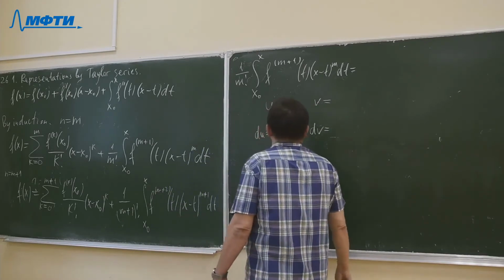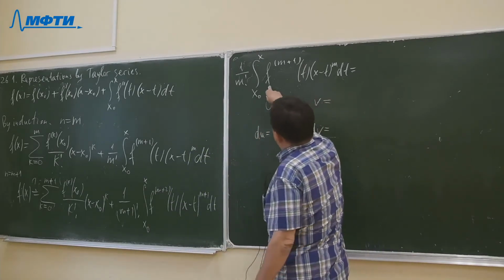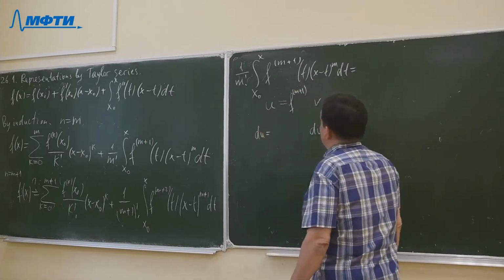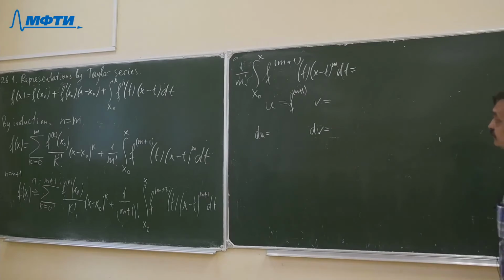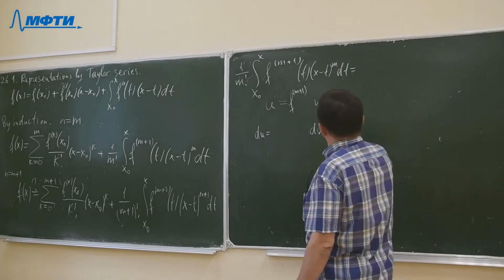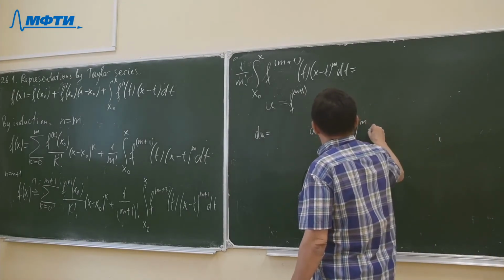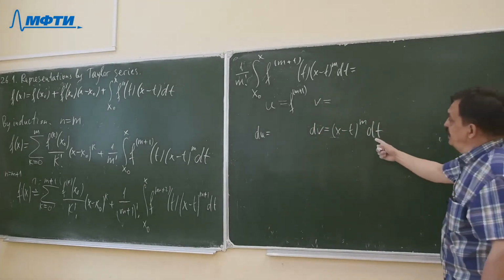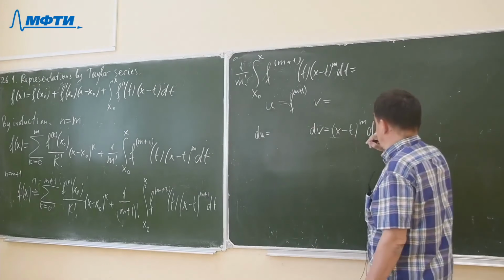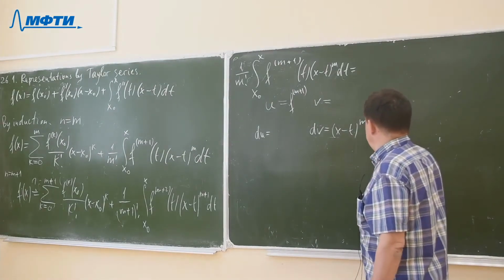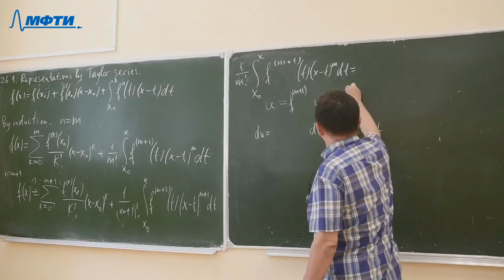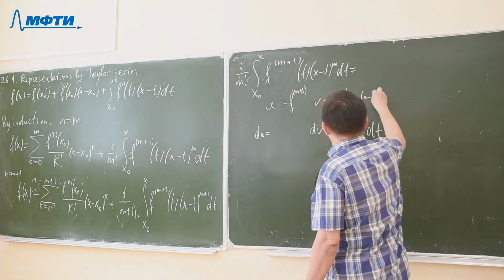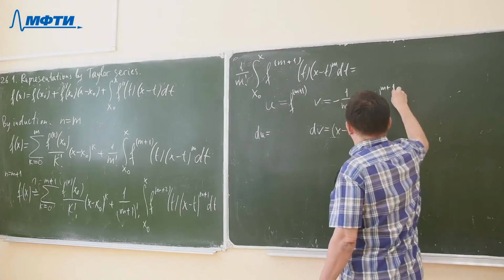So we take u as the derivative of order m plus 1 of our function, dv is everything else, right? And if v is like that, then when we integrate over t, we obtain minus 1 over m plus 1 times x minus t to the power m plus 1.